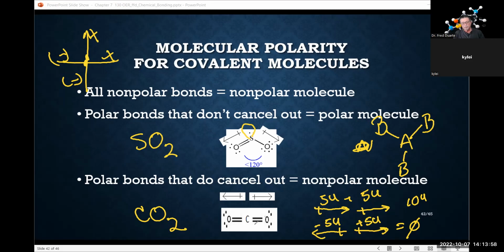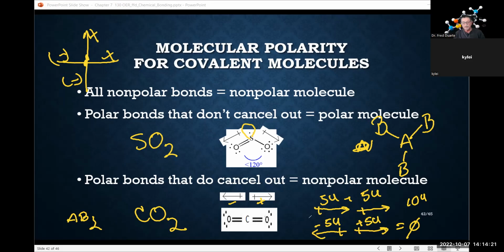And so if we looked at carbon dioxide, if you recall, this is the formula for carbon dioxide. It was an AB2 general formula, and that was linear. We got one arrow going to the right in the positive direction, and then one arrow going to the left in the negative direction. That represents the dipole of the carbon-oxygen bond.